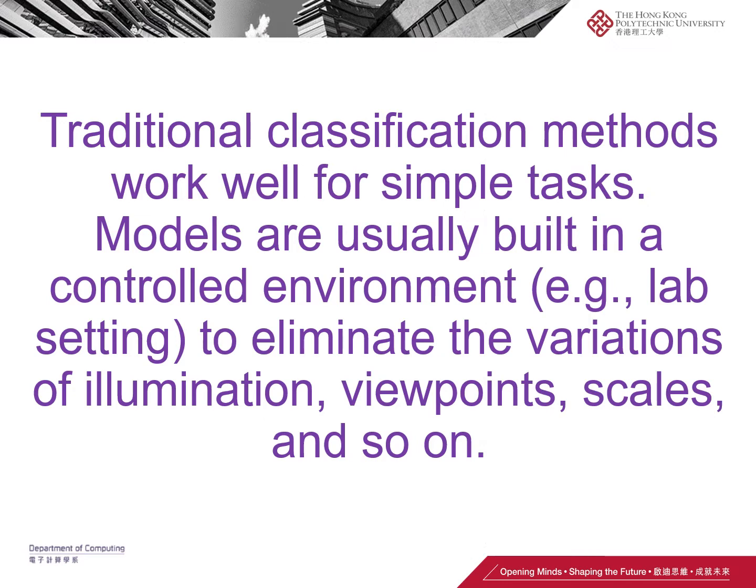Those models work well for simple tasks, and the data sets they work on are usually collected in a controlled environment to eliminate the variations of illumination, viewpoints, scale, and so on. They are a comparably ideal environment for collecting those data sets, and the scale of the data sets is comparably small.